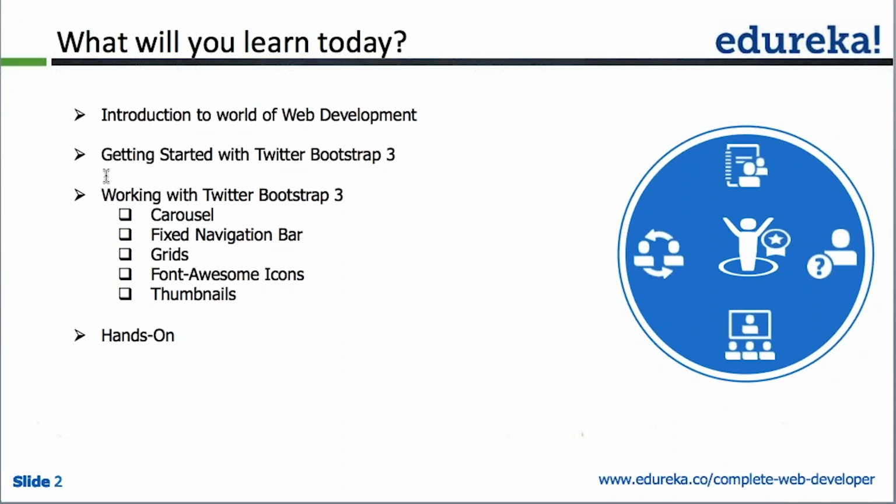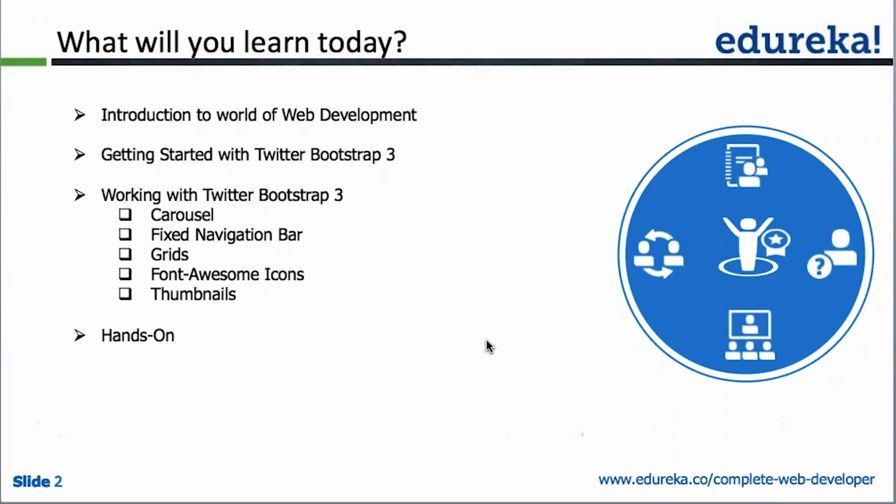In today's session we will be taking you through Twitter Bootstrap 3, which will teach you some of the important components like carousel, fixed navigation bar, grids, Font Awesome icons, thumbnails, and all those things. But I will be taking you through a complete website.